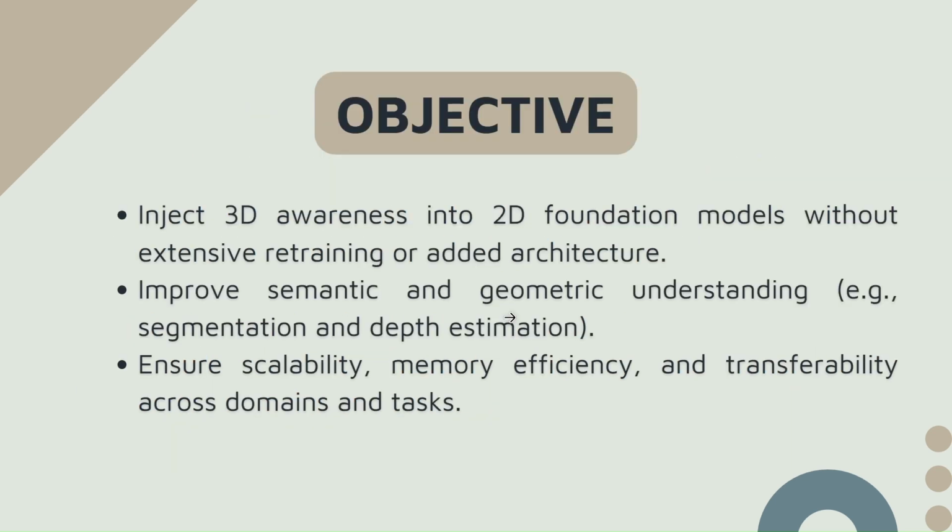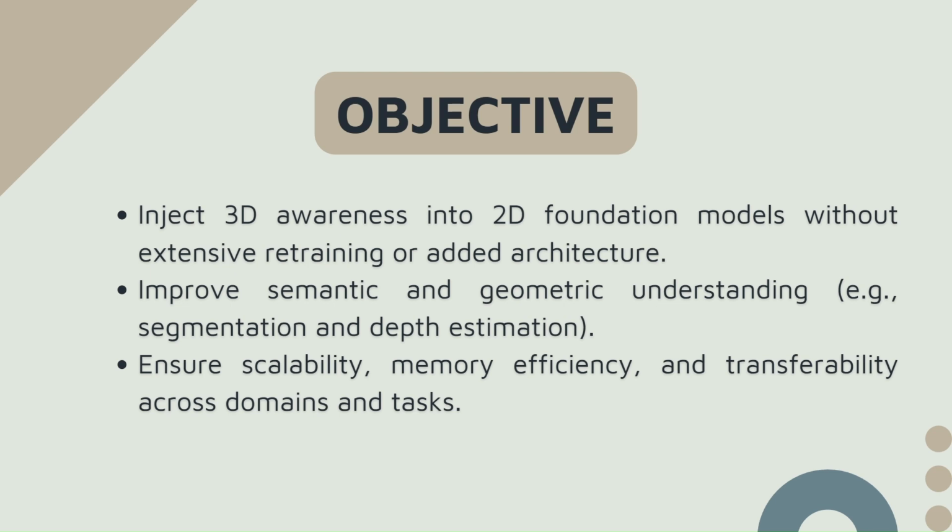So, what is our objective? We want to inject 3D awareness efficiently. The goal is to enrich 2D models with 3D understanding without redesigning architectures or retraining from scratch. That's why this approach uses existing backbones and just fine tunes them.